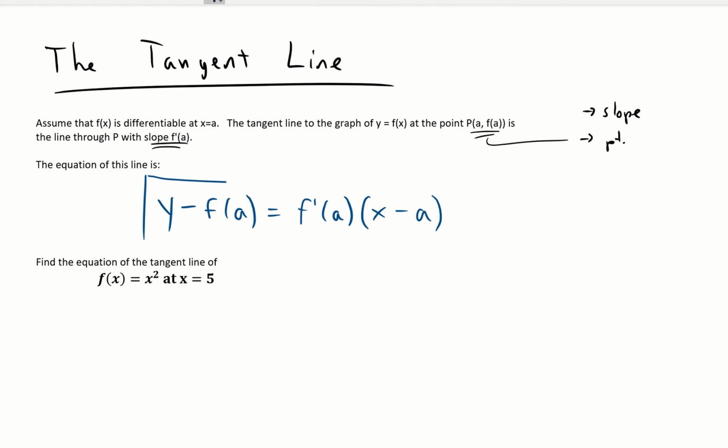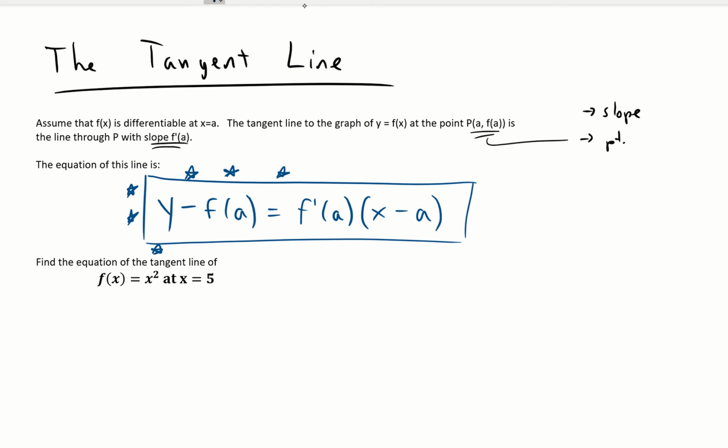So this would fall under the category of important formulas to remember for the rest of the course. If at any point I ask you, what's the equation for the tangent line at a given point, you'll all respond all together, y minus f of a equals f prime at a times x minus a. And you all said it together beautifully, right?